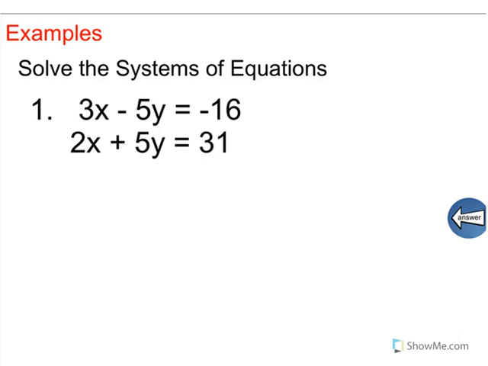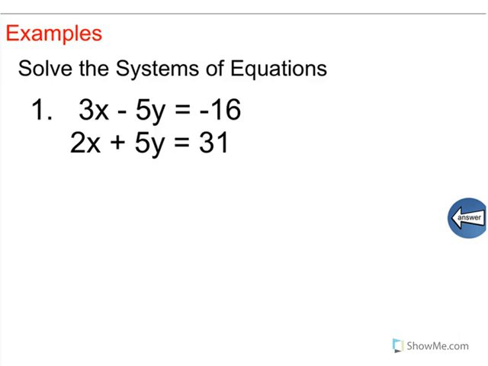Okay, so let's look at the following example. We have 3x minus 5y equals -16, and 2x plus 5y equals 31. Using the elimination method, we want to make sure that our equations are lined up, and they are. We want to make sure that x's are above x's, y's are above y's, and constants are above constants.